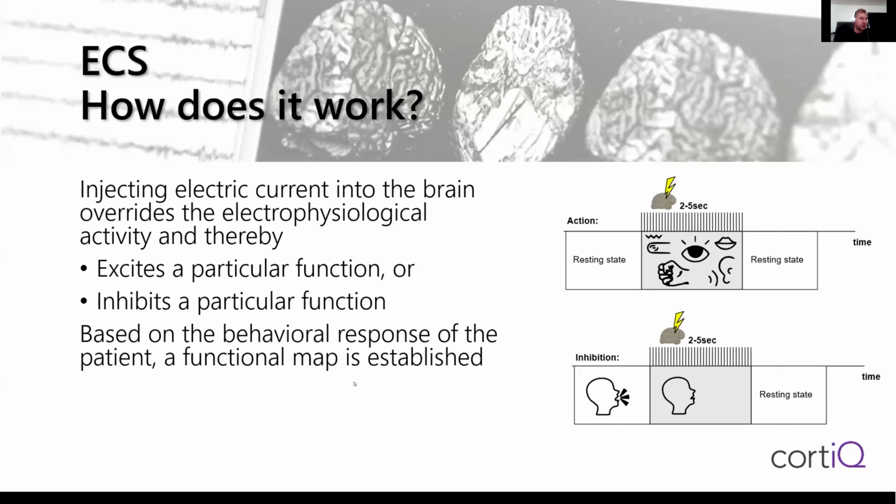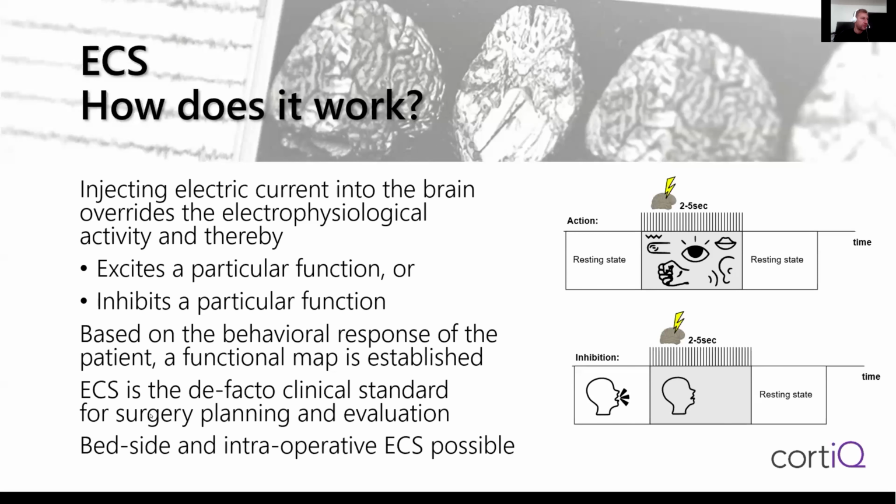And based on the responses, we can now step by step stimulate the whole cortex that is exposed in the craniotomy, for example, or covered by the implanted electrodes, and then create a functional map. And this can be used in the bedside case. So for example, in the epilepsy monitoring unit, when you have electrodes implanted for, let's say, 1 or 2 weeks, then during the time of the monitoring, seizures will be measured and localized.